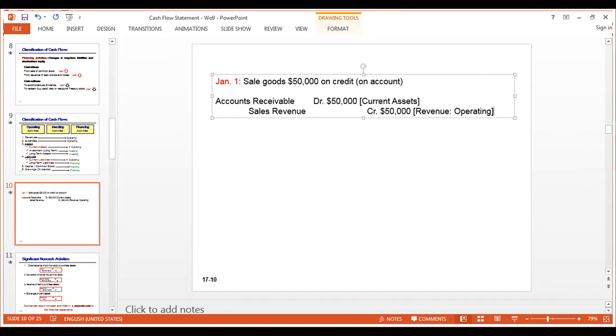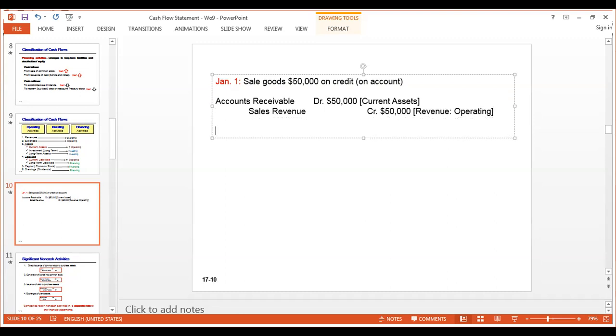But here, we cannot report it under the cash flow statement. So for January 1, this transaction, we cannot report it under the cash flow statement. Why? Because it is not related with cash. Although sales is our revenue, we cannot report it under operating activities because it is not related with cash.